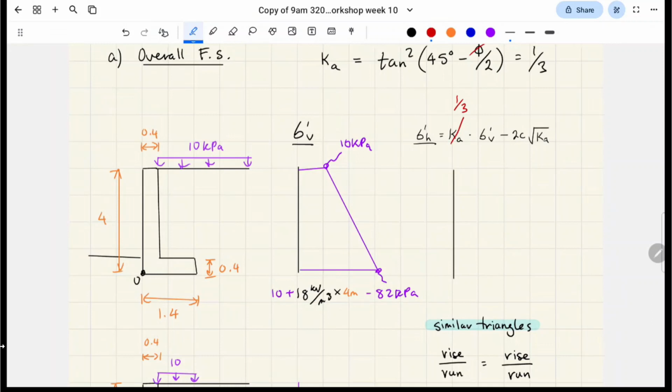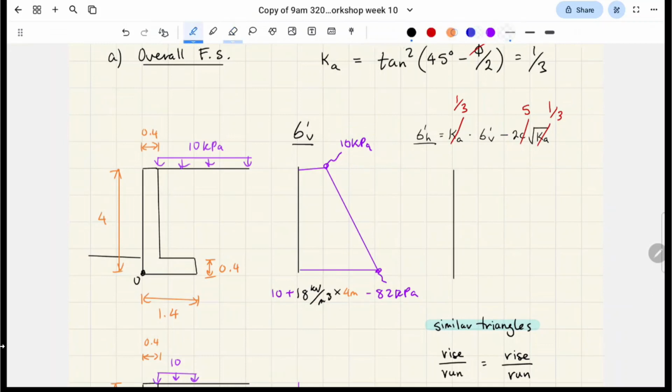Next, we're going to calculate this formula. That's 1/3. That's 1/3 as well. Keep in mind, this portion is relevant when you do have cohesion involved, okay? Our cohesion value was 5, right? So the only thing that this graph will be varying by is vertical stress, yeah? So essentially, in a calculator, we plug in 1/3 multiplied by this value here, 10, minus 2 times 5, square root of 1/3, all that stuff.